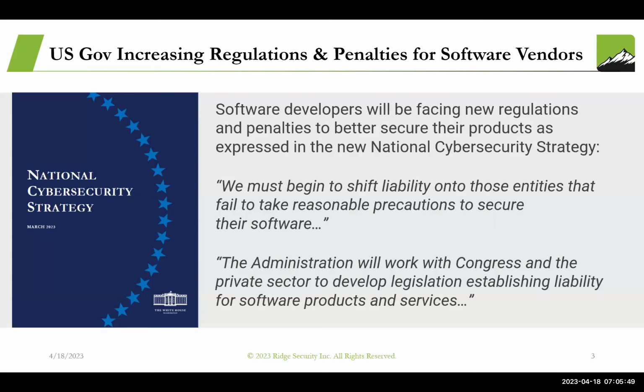This is basically an effort by the US government to increase cyber and technology governance, and the purpose is to boost privacy protections and to ensure fair competition online. So this is a significant development that happened in the US. And as you can see, regulations are being increased and software vendors are being held responsible. So software vendors will be facing some penalties.